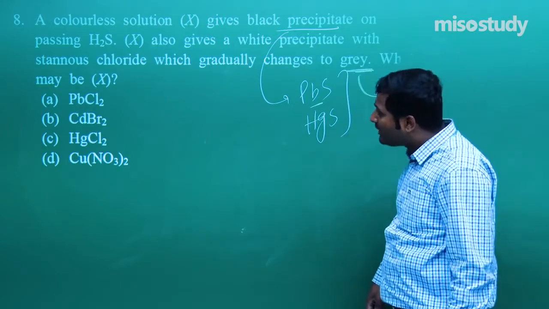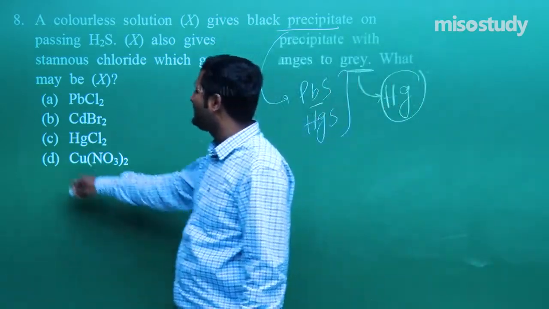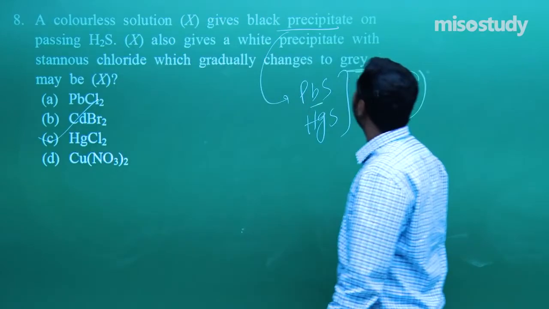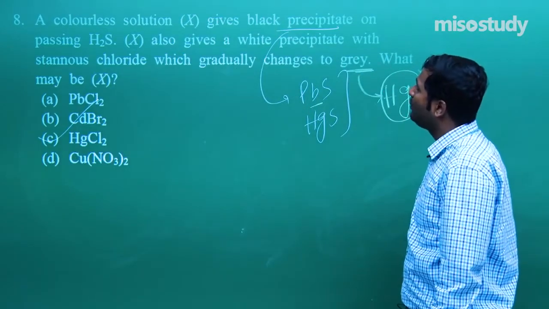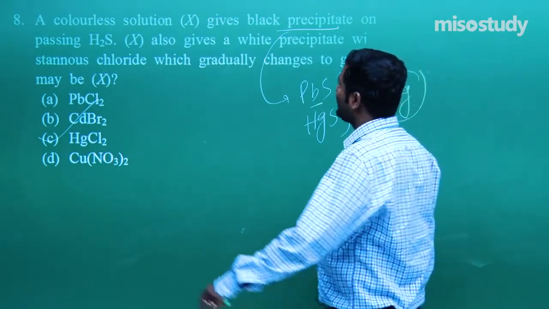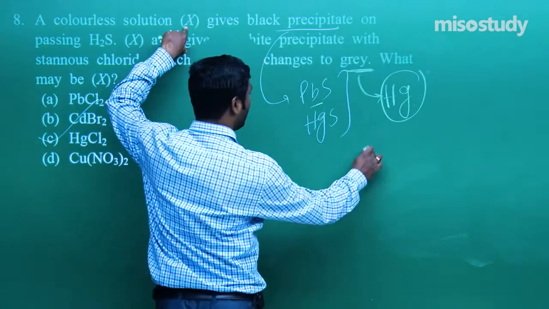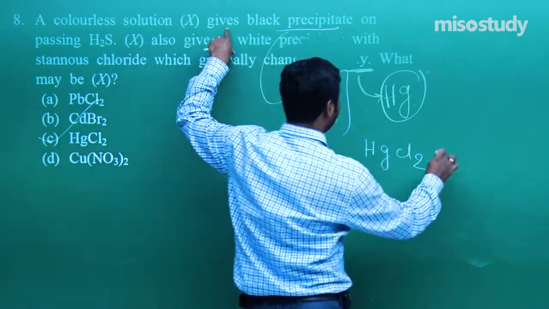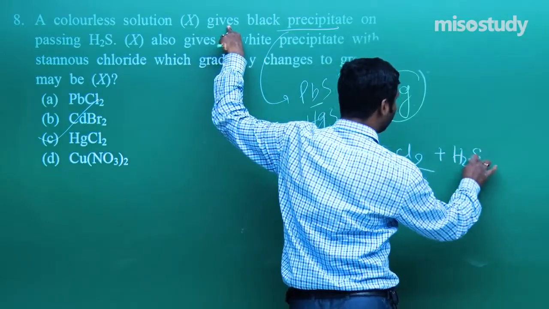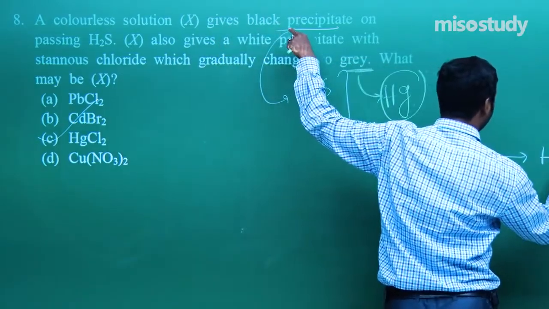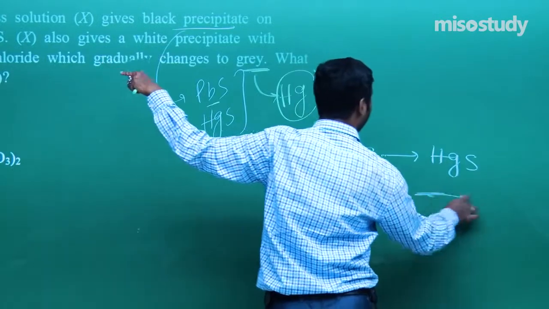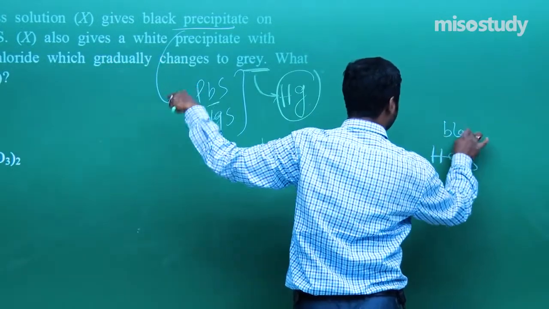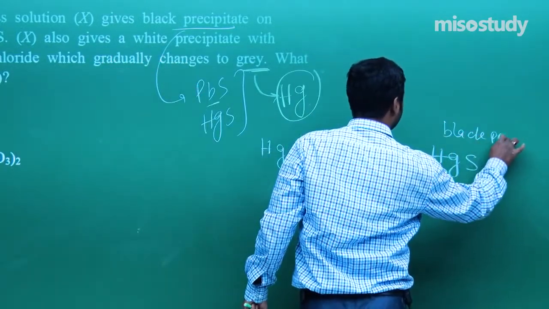So, compound of mercury, check it out sir, only one option, that is HgCl2. Clear to you? Now what is the reaction? HgCl2 on passing H2S gas gives you HgS, that is the black precipitate. First part of the question. Clear to you?